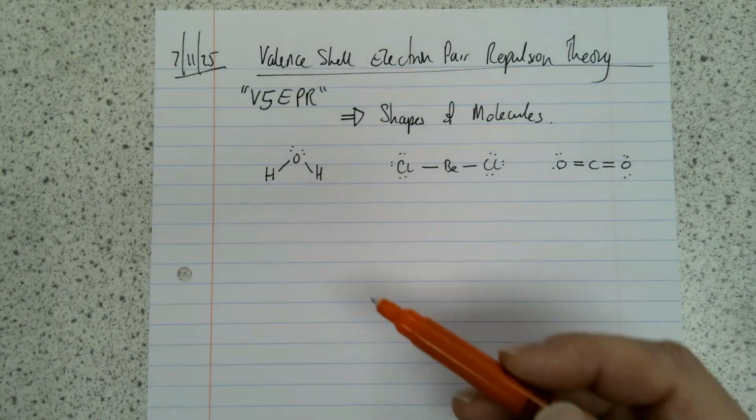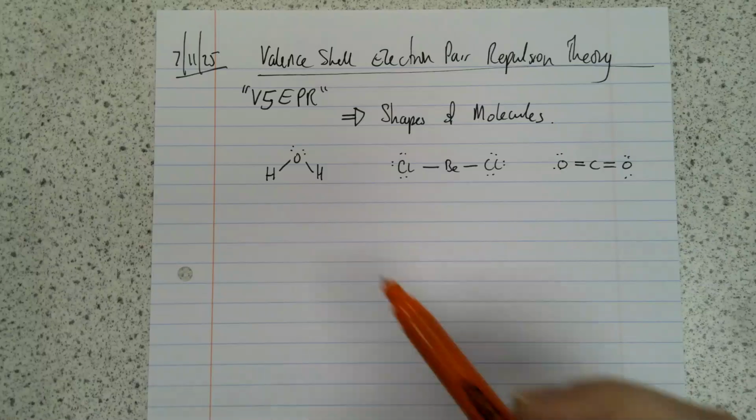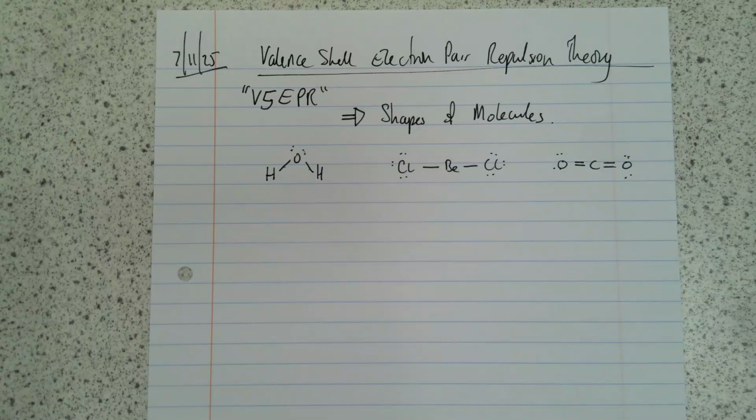So electrons are negative, we've got pairs of electrons. Those pairs of electrons that are happily sitting together, they repel one another. They don't like being near one another. And the fact that those pairs of electrons, this pair, this one, this one, this one, don't like being near each other, we can use it, you need to concentrate folks, we can use it to explain the shapes of the molecules.